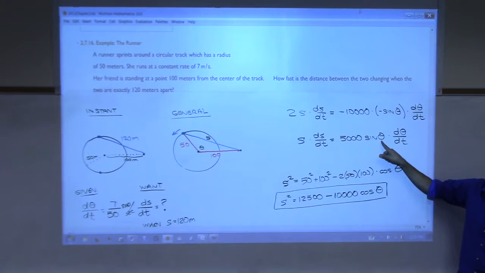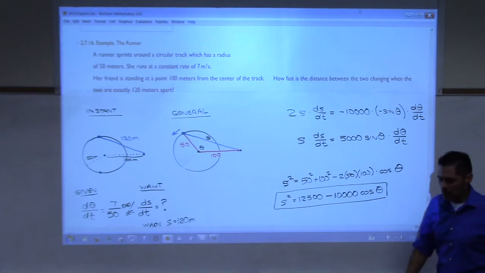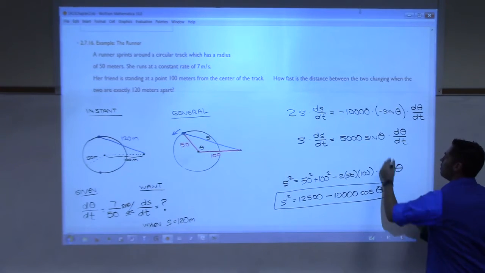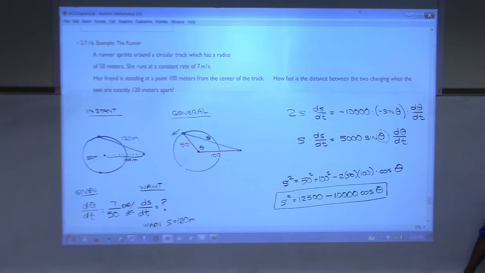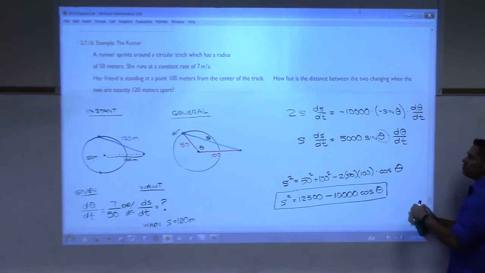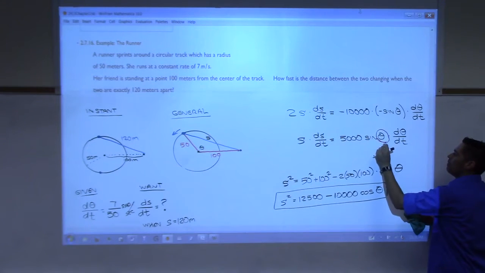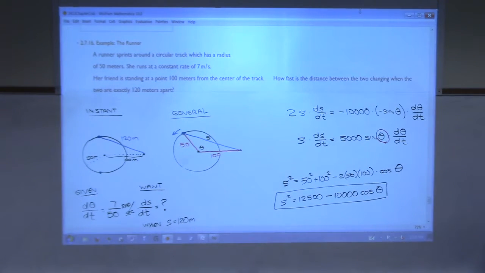No. Crap. I'm going to have to find it. d theta/dt we do know, right? So unfortunately for us, we still need to find theta, don't we? That's the one piece we don't know. But everything else I'm good with.